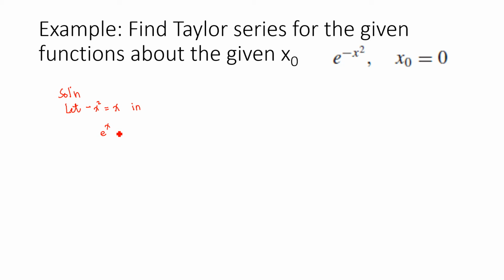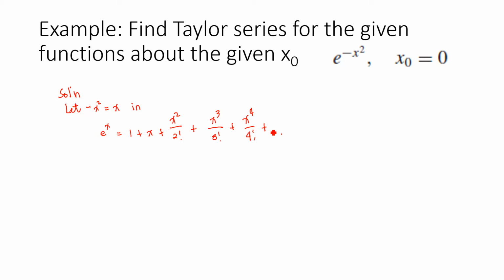From the previous discussion, e raised to x is equal to 1 plus x plus x squared over 2 factorial plus x cubed over 3 factorial plus x to the fourth over 4 factorial plus so on.